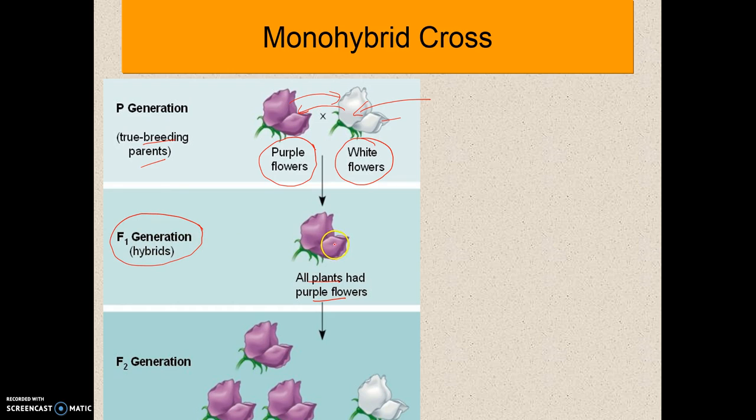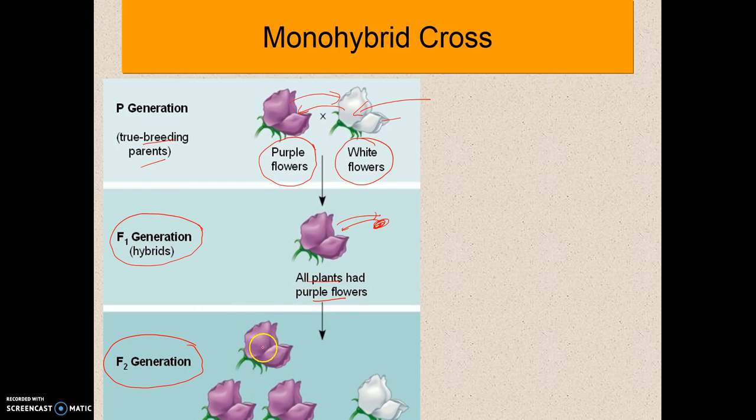So what he did was, he took these purple flowers from the F1 generation, the first filial generation, and now cross-pollinated them. He took another purple flower and transferred the pollen, collected the seeds, and once he collected the seeds, he grew them the next year to have the next generation, that is called the F2 generation, the filial generation 2.